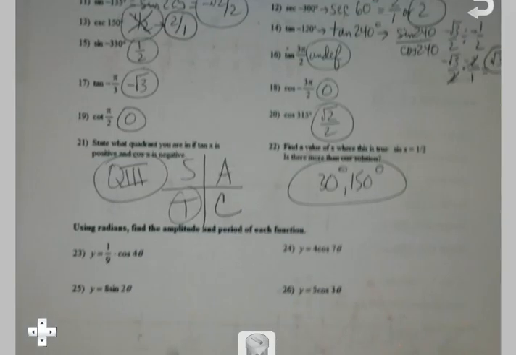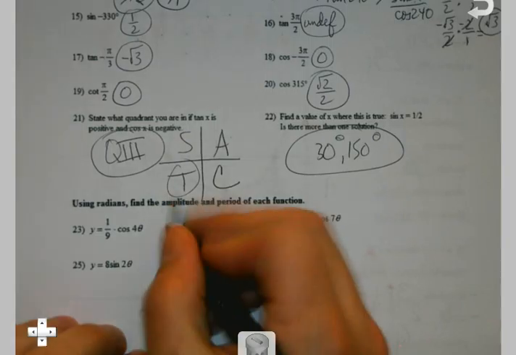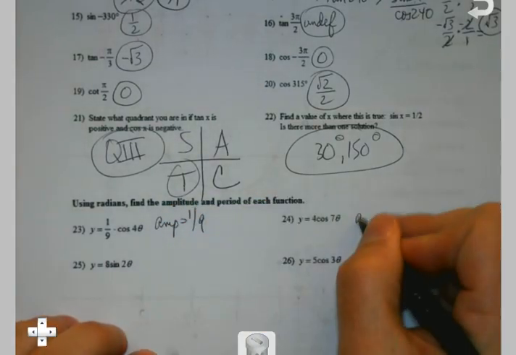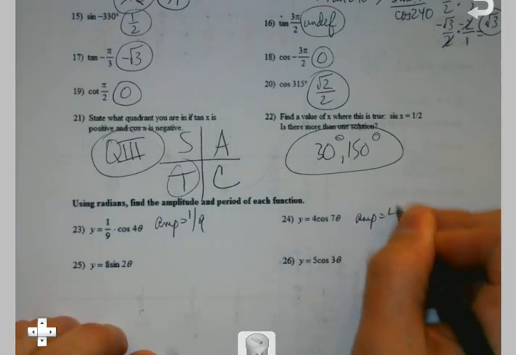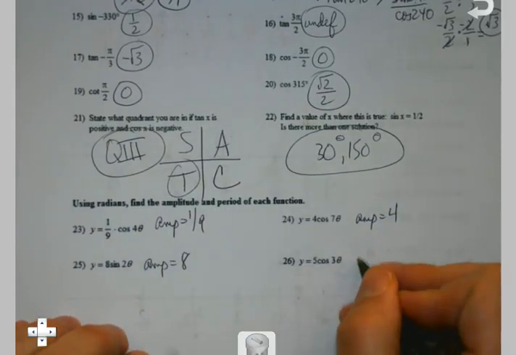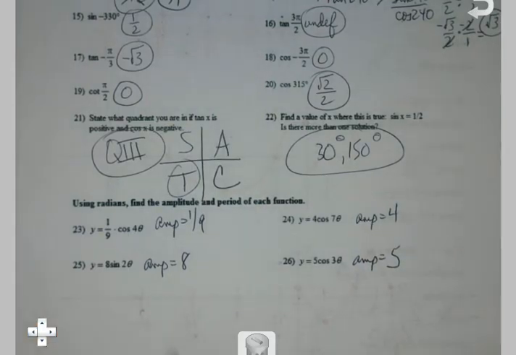And then the easy part to finish. Using radians, find the amplitude, your a value, well, except it's always positive, and period for each function. Amplitude should be the easiest thing you do, besides writing your name. Pretty darn close. Oh, wait. That looks like it says 1/9 times cosine.